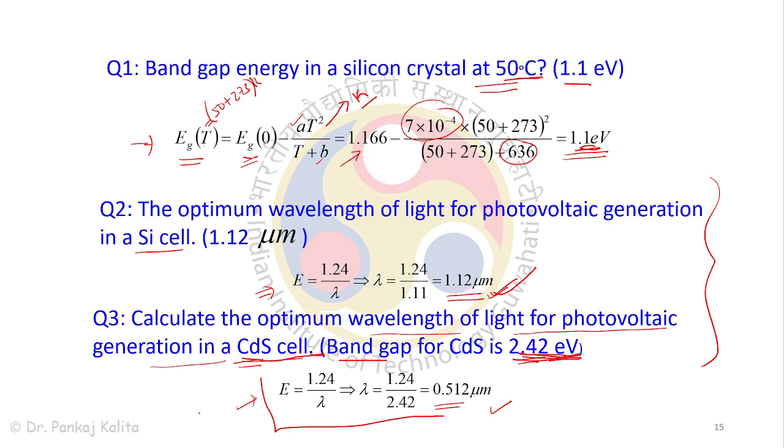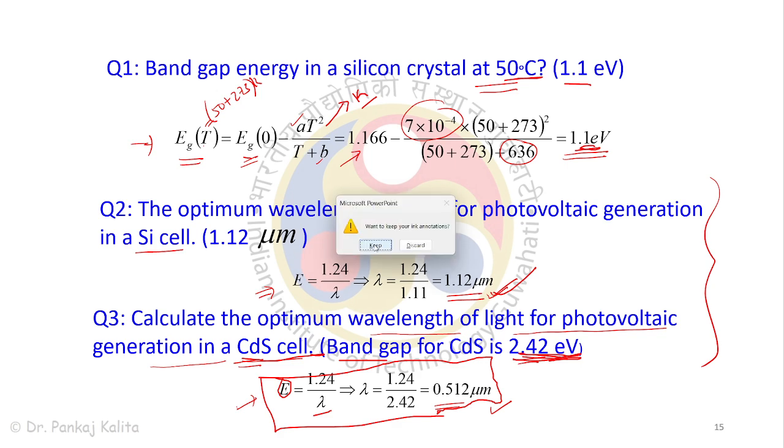Lambda has been asked. This is the amount of energy that is required to generate the electron hole pair, so we will put in the value of E and we can get the lambda value. Just a minute.